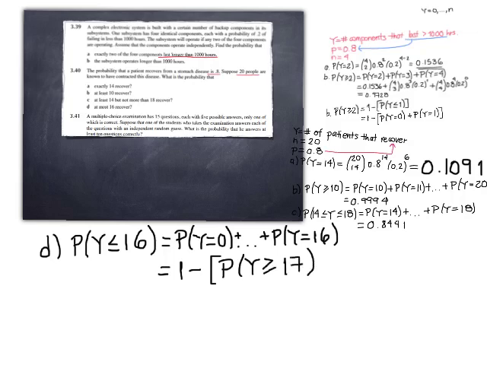You cannot include the 16 in this part because the 16 is in the other part, so you need to start at 17. So you can do it both ways. Probably the second one is the fastest way to get it, and this is 0.5885.